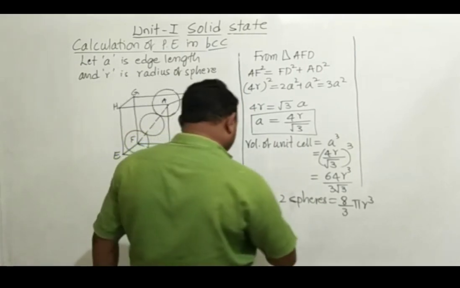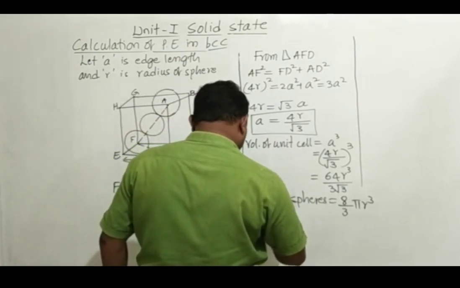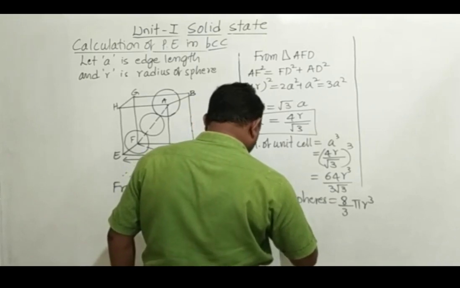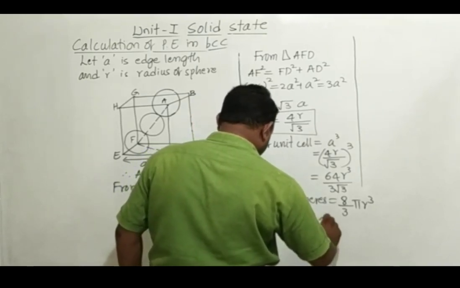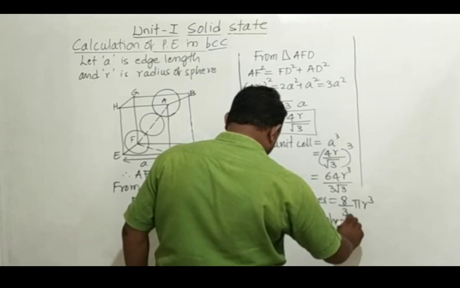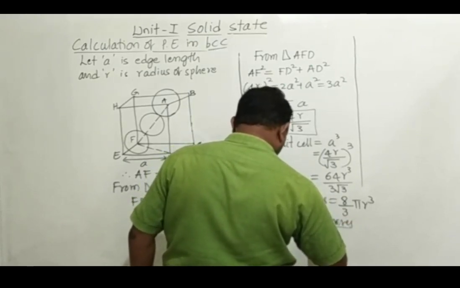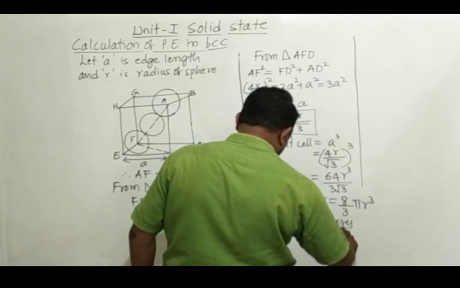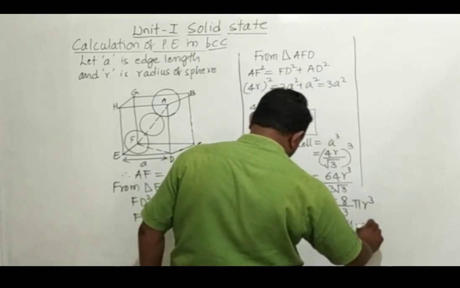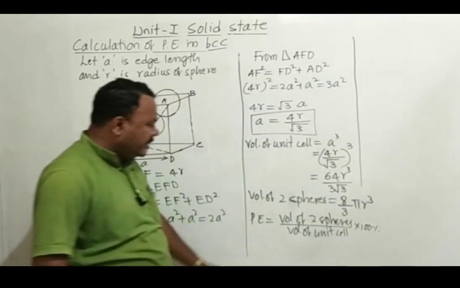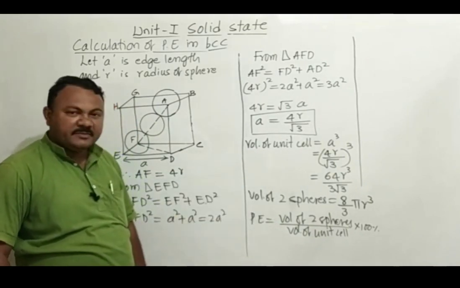What is the formula for packing efficiency? Packing efficiency is equal to volume occupied by sphere. Let us take two spheres divided by volume of a unit cell, and this is multiplied by 100%. Substitute. Volume occupied by two spheres is 8 by 3 pi R cube.